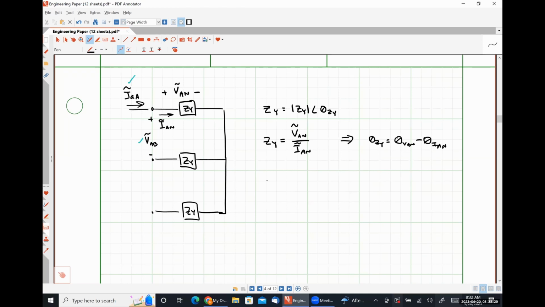They're the same thing. So that means the angle of IAA is equal to the angle of IAN, right?